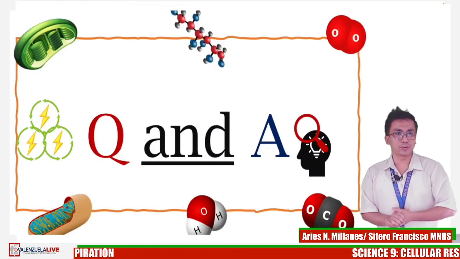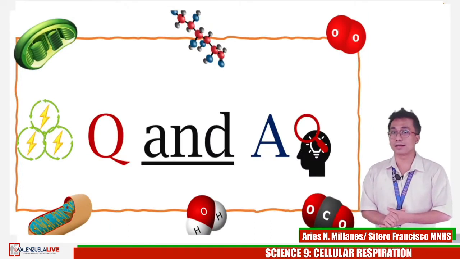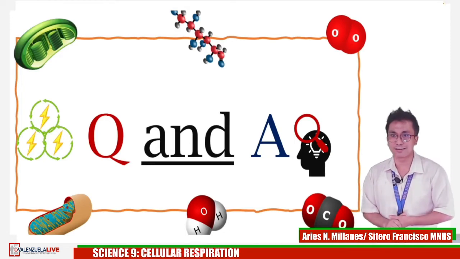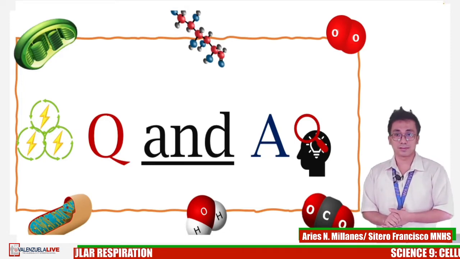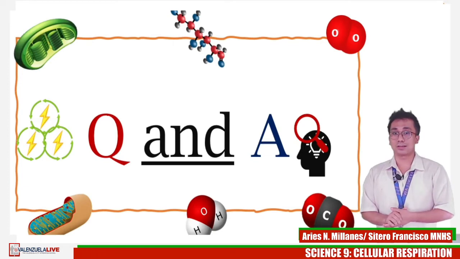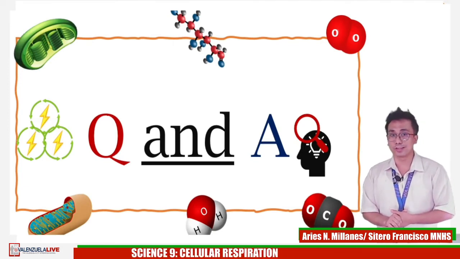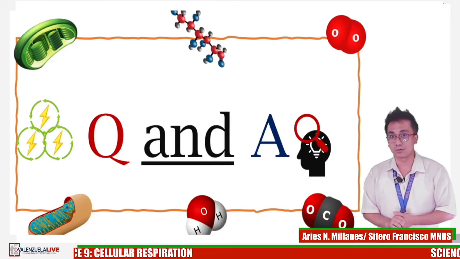What food do we need to eat to supply the glucose for cellular respiration? Actually, as what I said a while ago, almost all the food that we eat contains glucose.